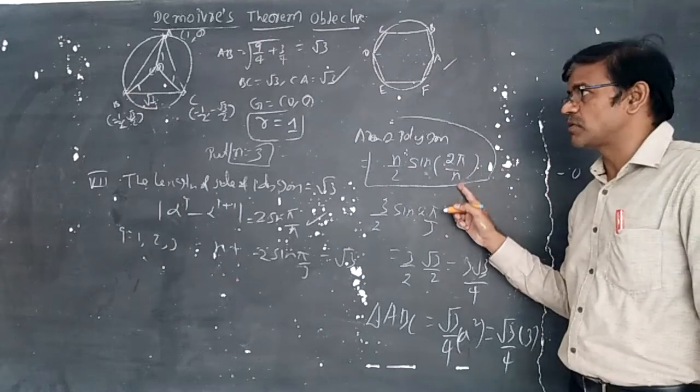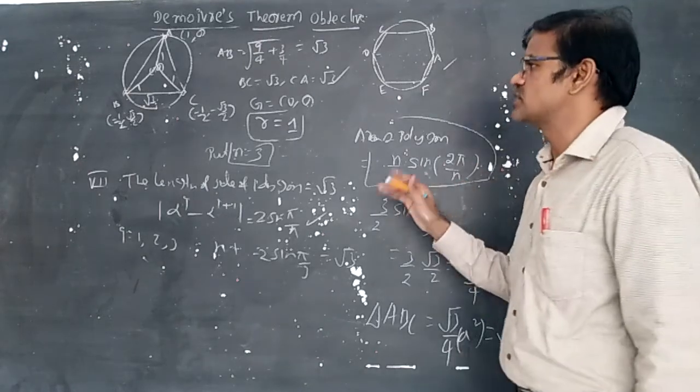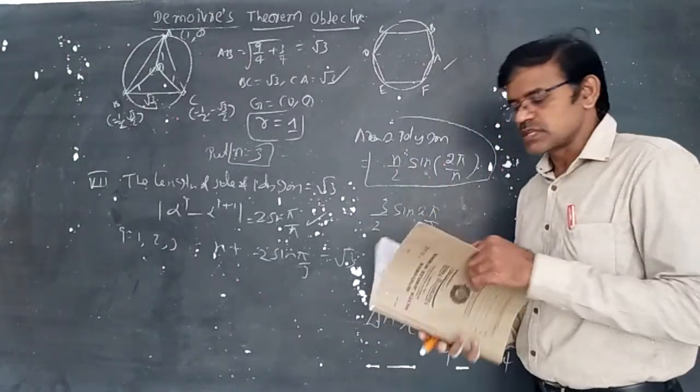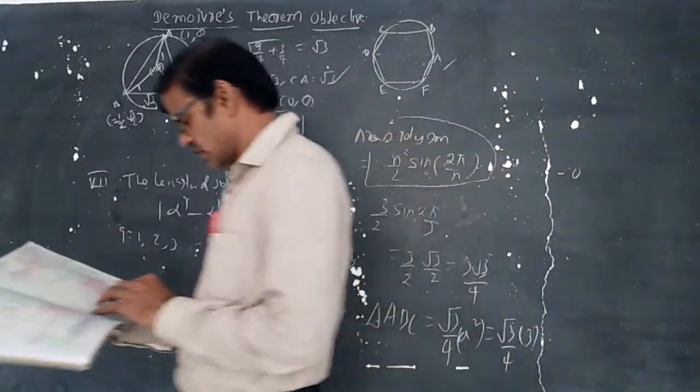Not only for a triangle but for any number of sides, you can apply this to a regular polygon. The formula is n by 2 into sin 2 pi by n. Now another formula is there.